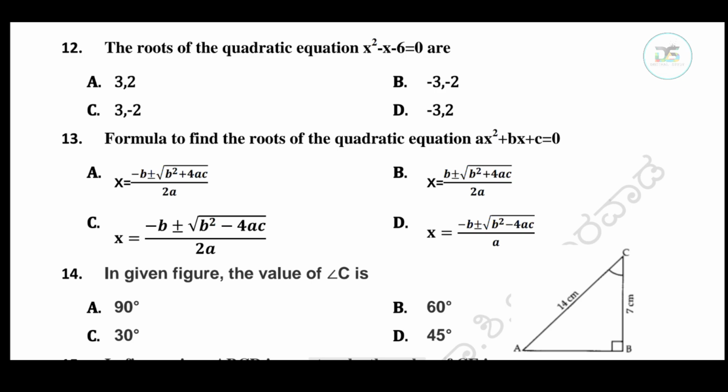Options are x = (−b ± √(b² + 4ac))/2a. x = (b ± √(b² + 4ac))/2a. x = (−b ± √(b² − 4ac))/2a. x = (−b ± √(b² − 4ac))/a. Here the right answer is option C.